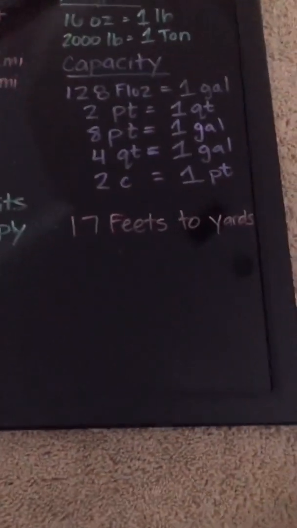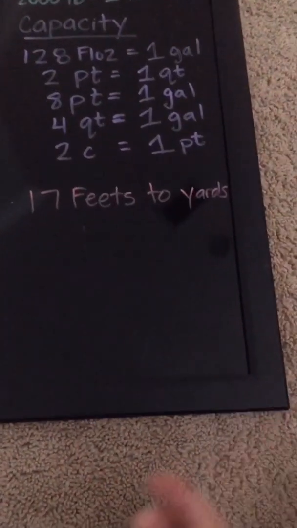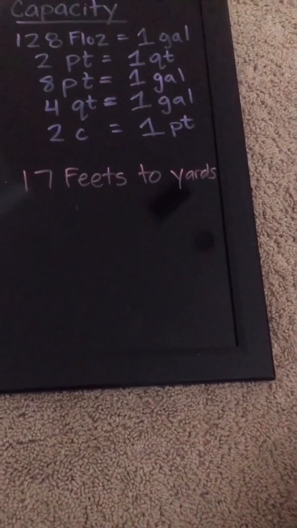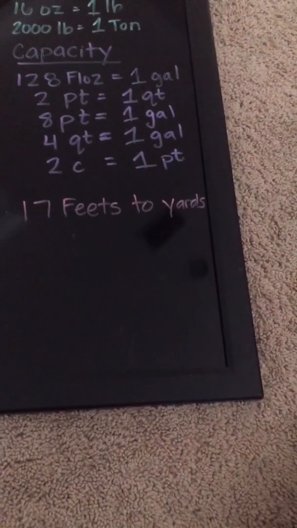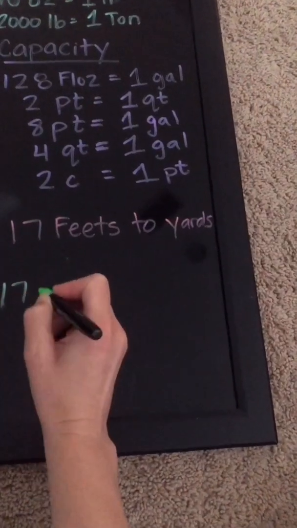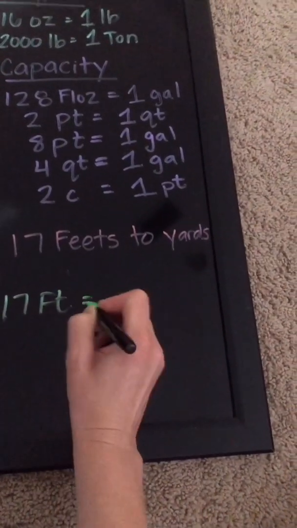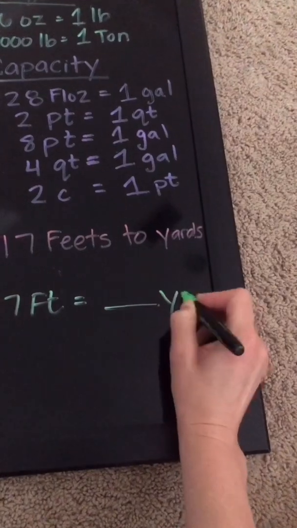Okay, so our first problem on our customary Google slides is 17 feet to yards. So now I'm going to set this up as a proportion. So I'm going to say 17 feet equals blank yards.